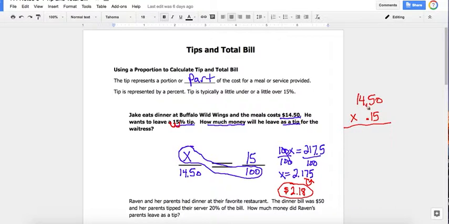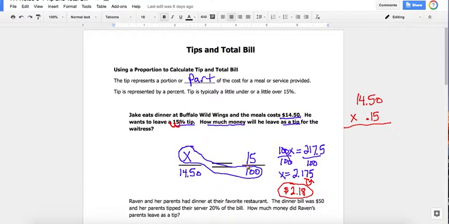And all you would do is multiply this in your phone. You probably don't have a calculator, so more than likely in your phone. Okay, and then if I did this, it would give me the same thing I have here, 2 and 175 thousandths, and then I would just have to round in my head. Okay, so that's how you would figure out how much to tip at a restaurant.